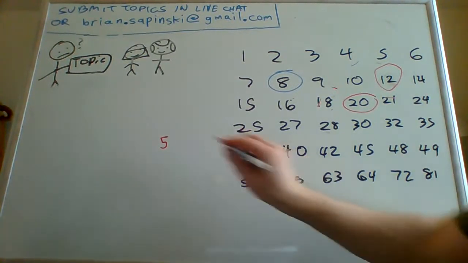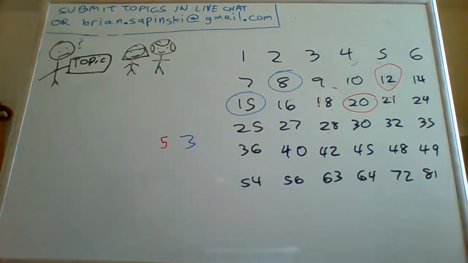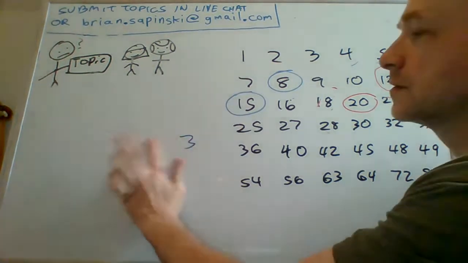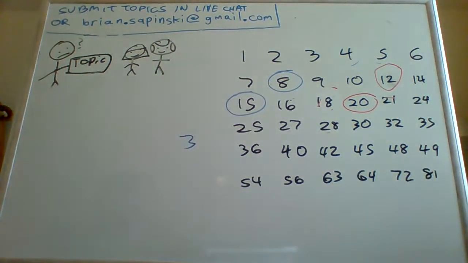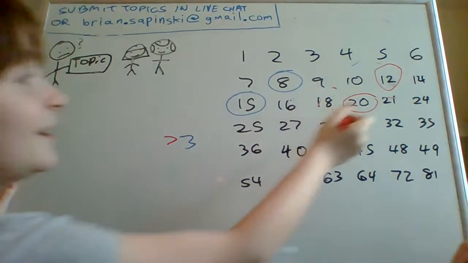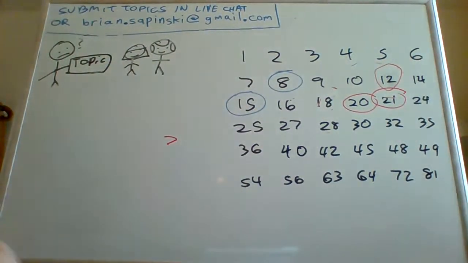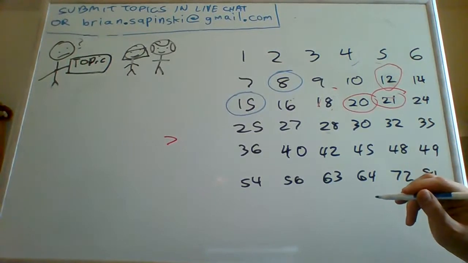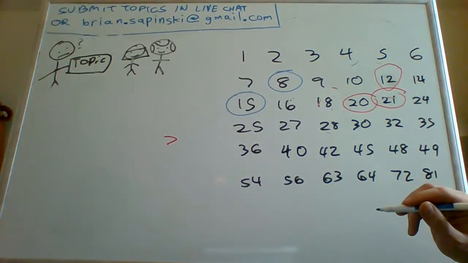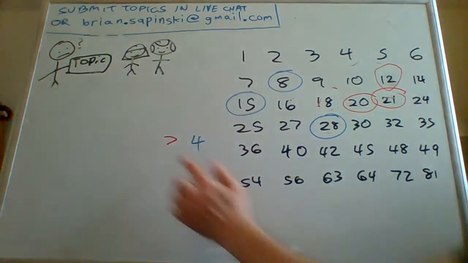Okay. 15. 7, 21. 21 red. Lord, I don't know what I'm doing. No, you're doing fine. It was a good pick. Okay, all right. 28. 28 for the block.